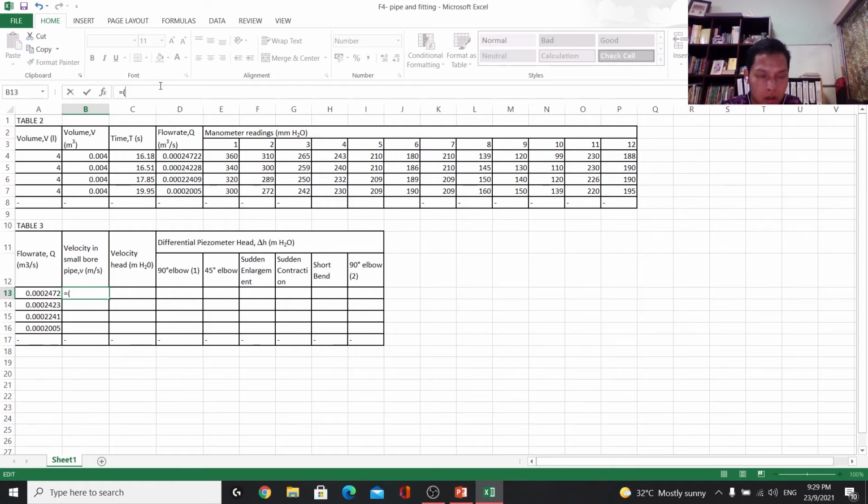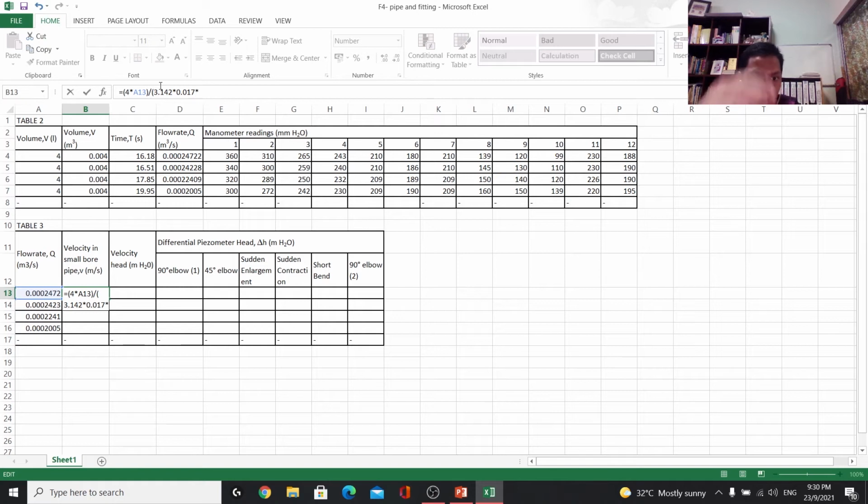Two times A13 here, and then we close it up and divide by 3.142 times 0.017.